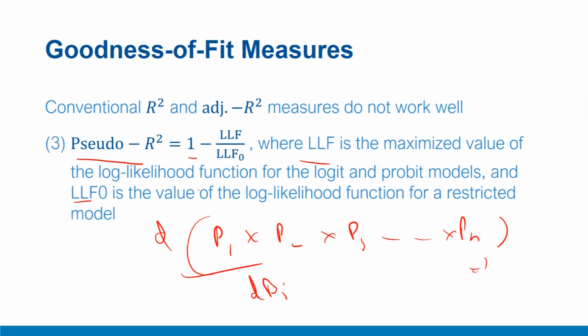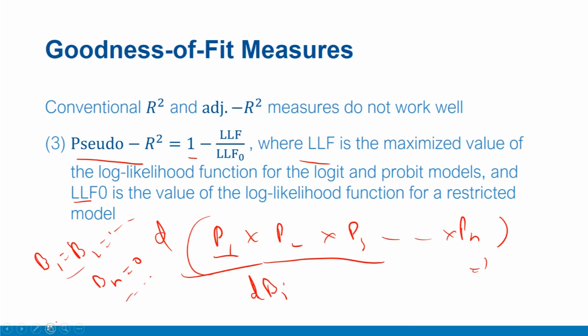And LLF naught is considered to be the restricted model, where it is assumed that all parameters are irrelevant. That means beta 2, beta 3, and jointly all these parameters are 0. So the restricted function calculates this joint probability for a model where all the parameters are assumed to be 0.